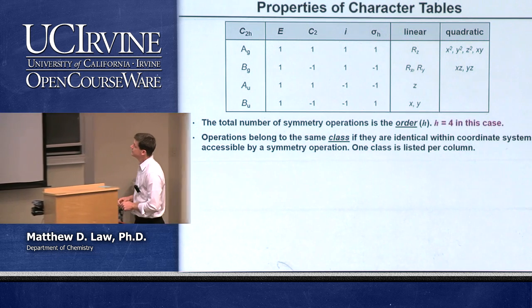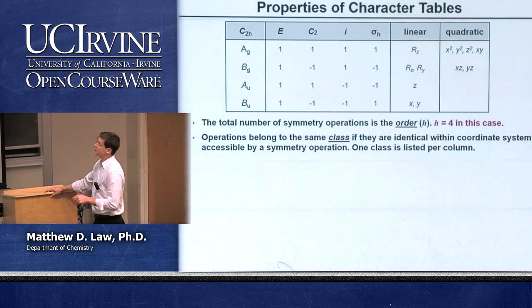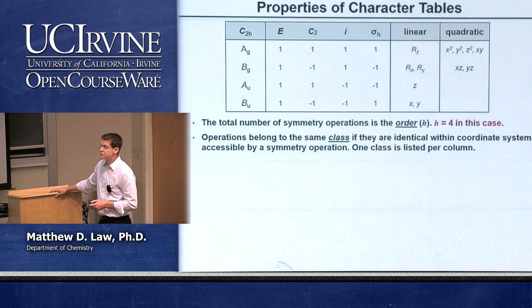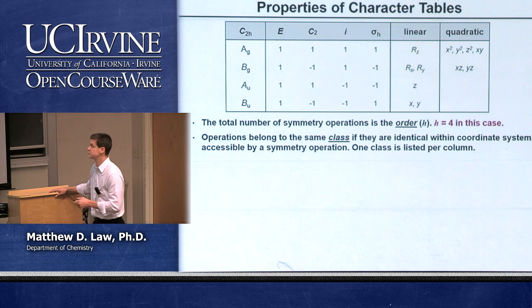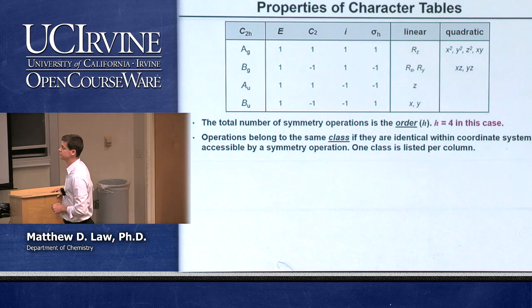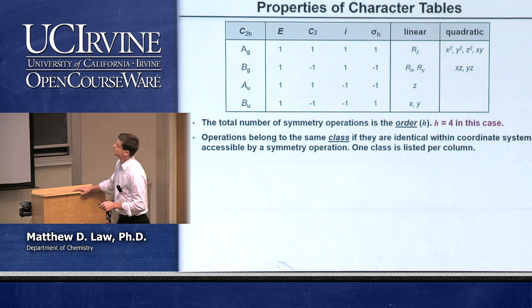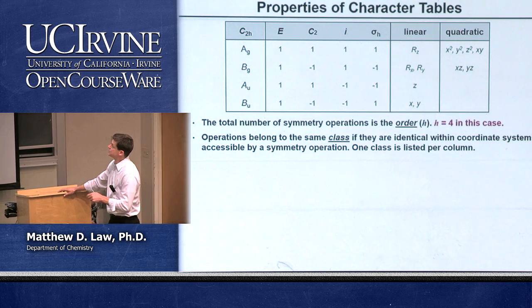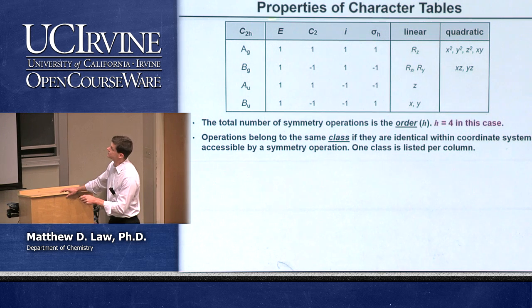We already know that. Operations are going to belong to the same class, the same operational class, if they are identical within coordinate systems that are accessible by a symmetry operation that's present in this group of symmetry operations. One class of symmetry operations is listed per column. It turns out in this particular example that there's only one symmetry operation per class, and so we have only an order of 4, and we only have 4 classes.